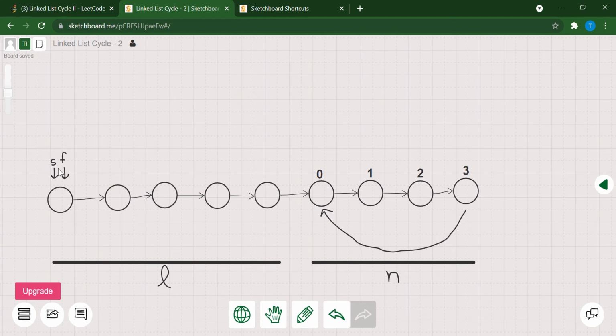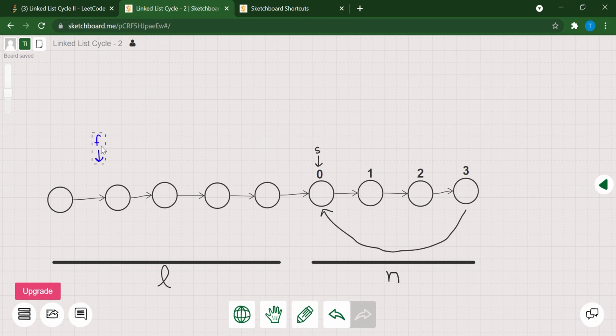So what's going to happen is that when I'm using Floyd's algorithm, let's consider this stage in the algorithm, right? When S has reached this node, we haven't moved out of the algorithm yet. If S is at this node, then that means F would have traveled double the distance of S, right?